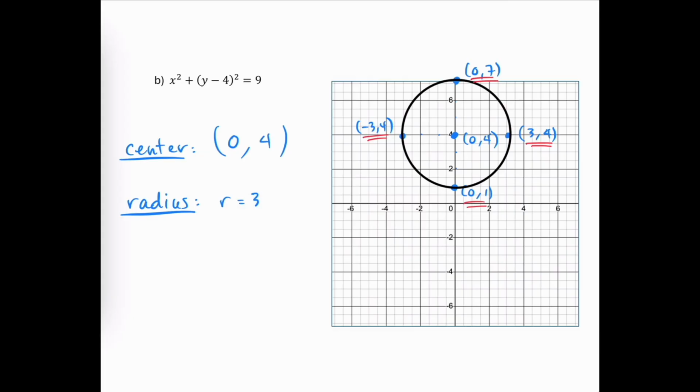Notice that we can check the circle. Remember that any ordered pair on the outside of the circle has to be an ordered pair solution to the equation itself. So we could just pick one of these ordered pairs out here, and I'm actually going to select 0, 1 so that we have small positive numbers, and then plug that back into the original equation to make sure that it makes a true statement.